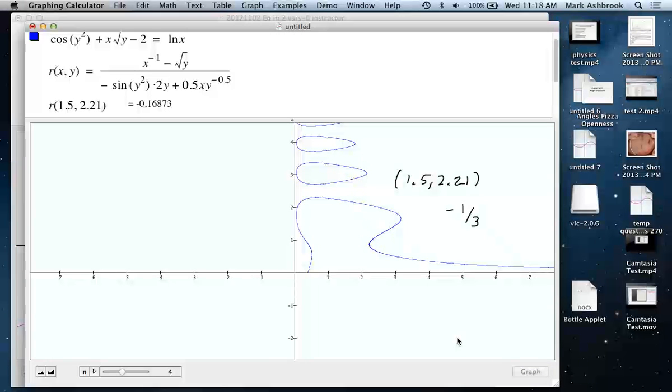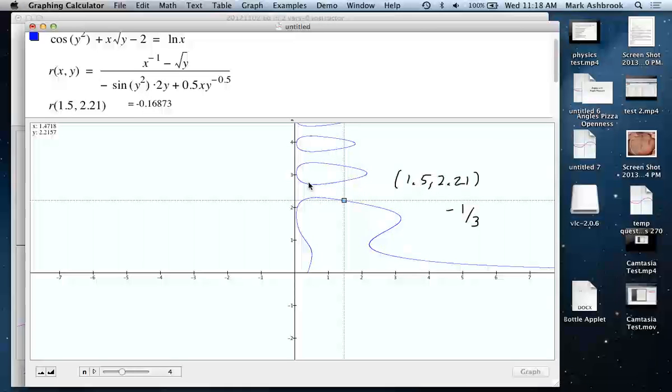Question: is it possible to graph the rate of change function, or is that not going to work since the input's x? So is the rate of change a function? Given a value of x, do you get one rate of change? We can't graph it here because this isn't a function.